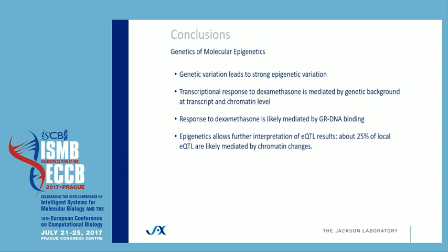That response is really driven by glucocorticoid receptor DNA binding. Those are the loci where we see the effects. And finally, doing this sort of epigenetics in this sort of model system allows us to interpret a lot of these eQTL results, and we can guess that about 25% of those local eQTL are probably mediated by effects of the genetic variation on chromatin.